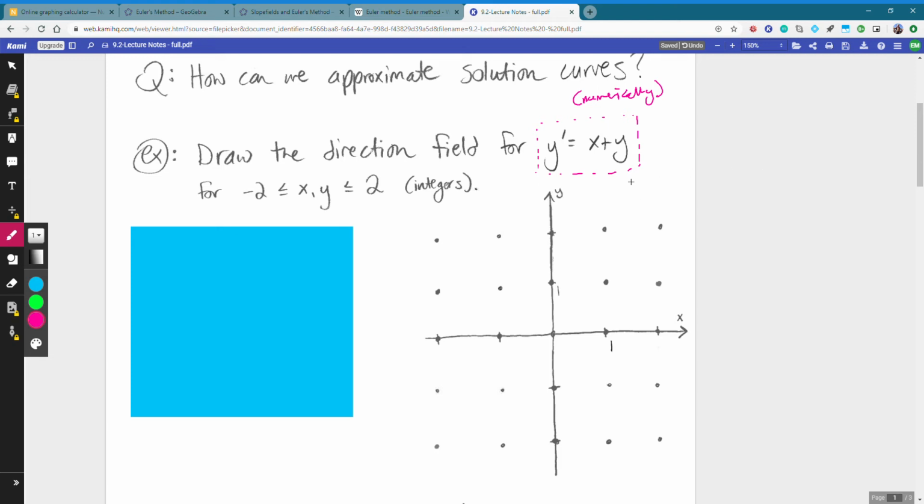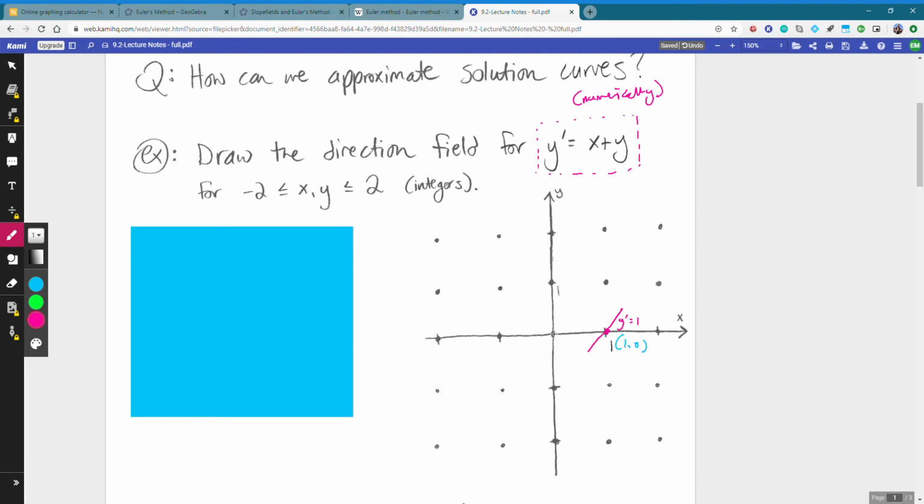All right, so again, the idea here is to take each point, like so, for example, this point right here at 1, 0, and plug it into our formula here. And what we get at that point is 1 plus 0, so y prime would have to be 1, and we could draw a little line segment with that slope there.